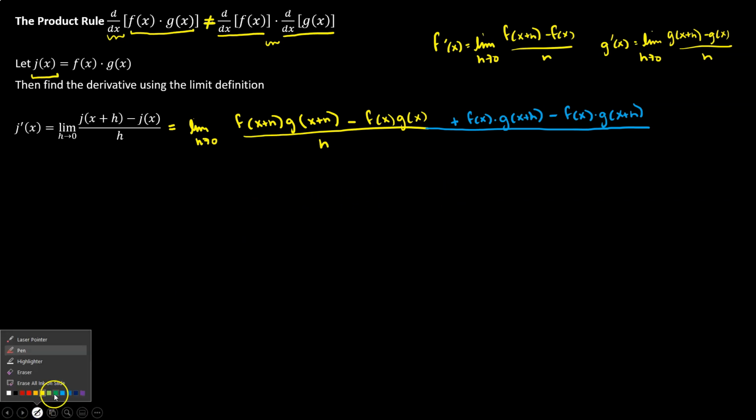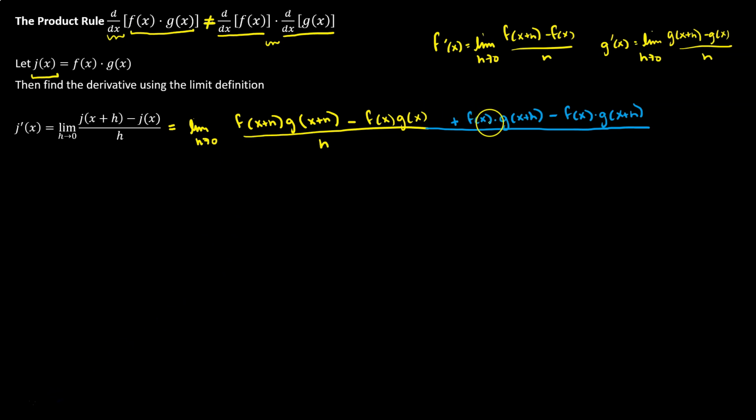Now if we look closely, we can see that the terms we've added will group nicely with terms that we already have. For example, I can pair up this first yellow term and this last blue term. And what I mean by pair up is they both have a common factor of g with x plus h plugged into it.